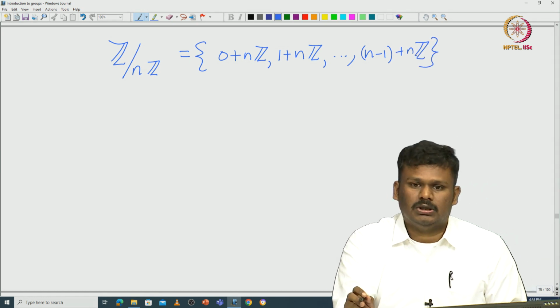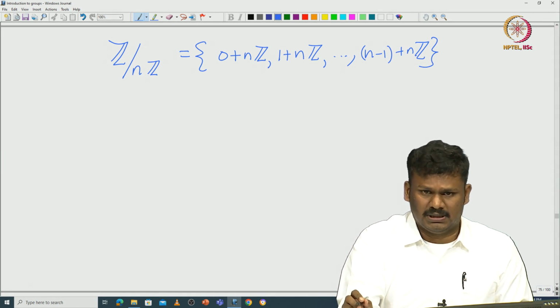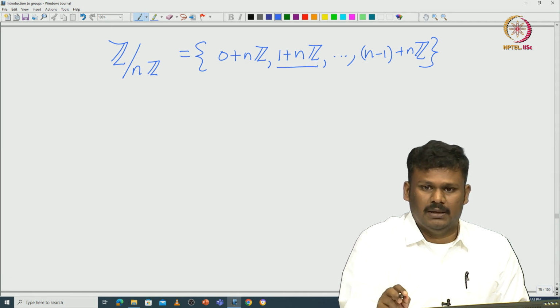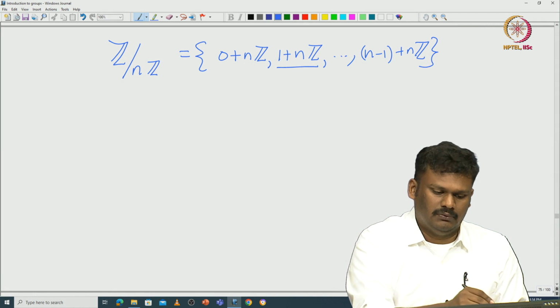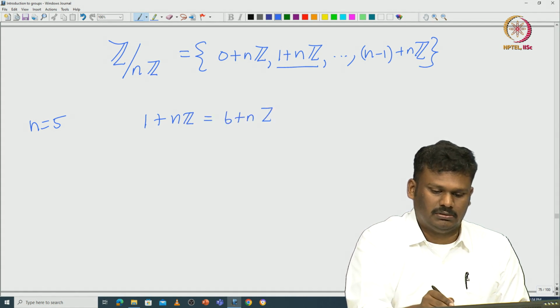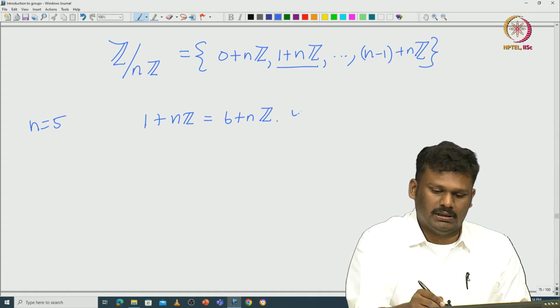Like we noted, there could be many representatives for each element of Z modulo nZ. For example, when n equals 5, 1 + nZ can be equal to 6 + nZ. That can happen, but that does not matter for us.